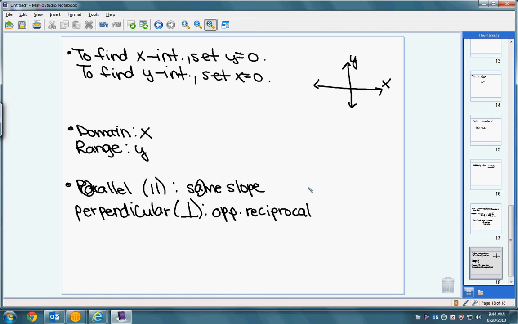So for example, if you have a line with a slope of 2, the parallel slope would be 2. If you have a line with a slope of 2, the perpendicular slope would be the opposite, so a negative, flip, so -1/2.